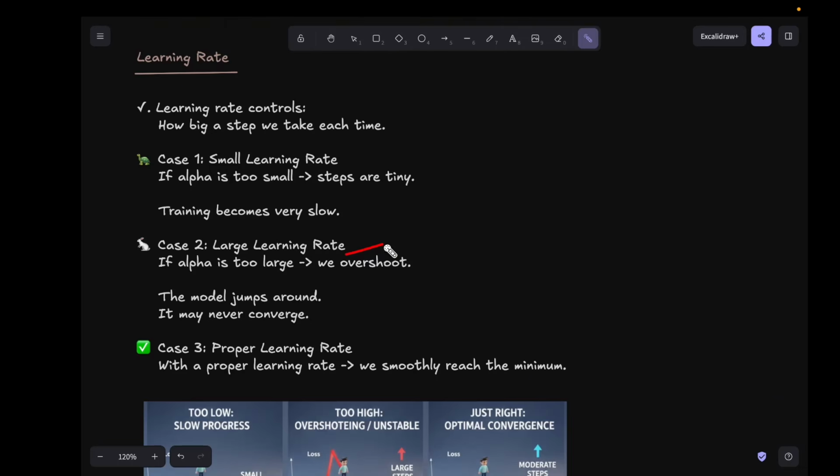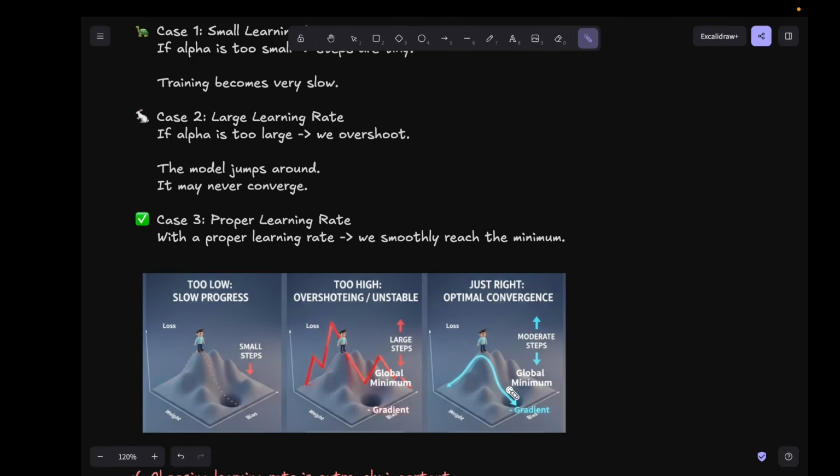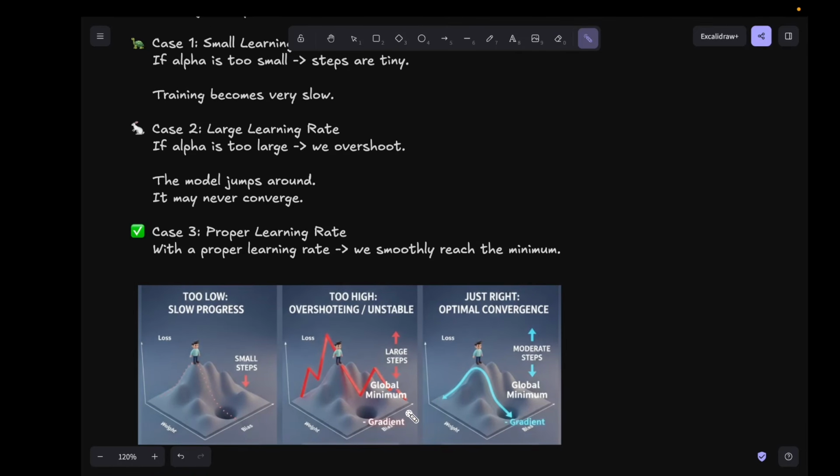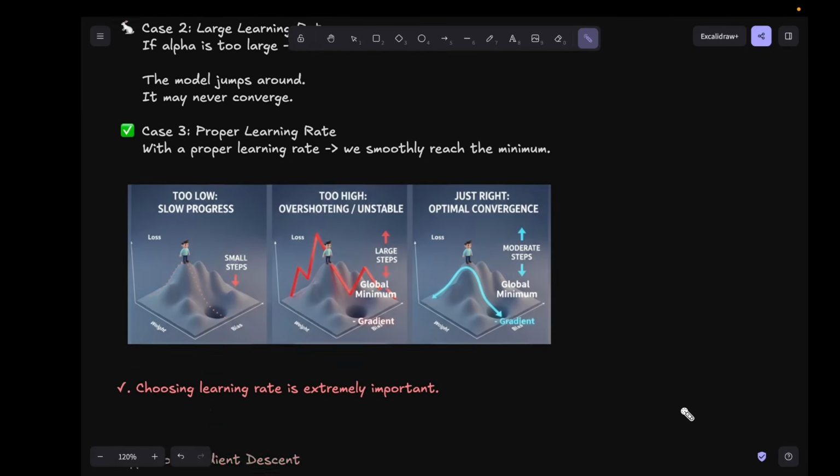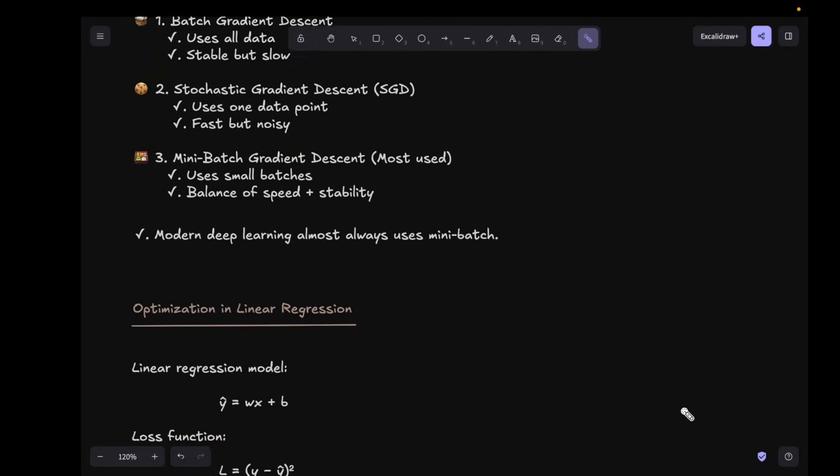If we take a large step, the learning rate will overshoot, and the model will jump around and never converge, never reach the global minima. If we take a proper step size, we smoothly reach the global minima. That's how the learning rate controls the step size.